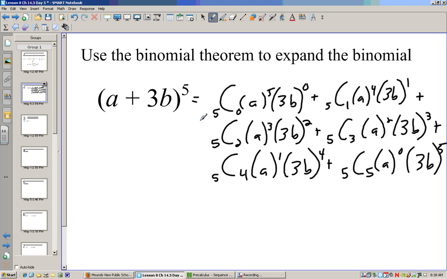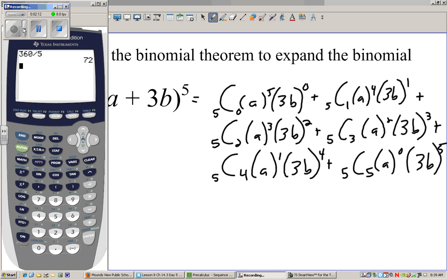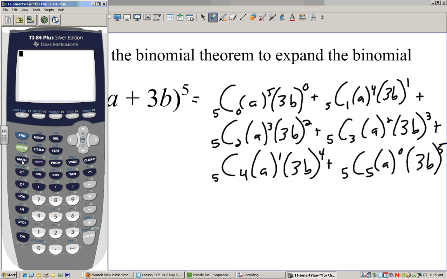Now a lot of you know how to simplify this without writing everything out. I just want to write it all out for you so I'm not skipping any steps. Now 5 choose 0. We can do that a couple ways. First, we can take out our calculator. On our calculator, we're going to want to hit 5, math, move over to probability, and number 3 is nCr. 5 nCr 0.